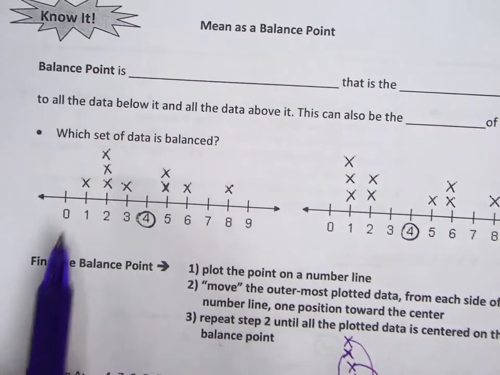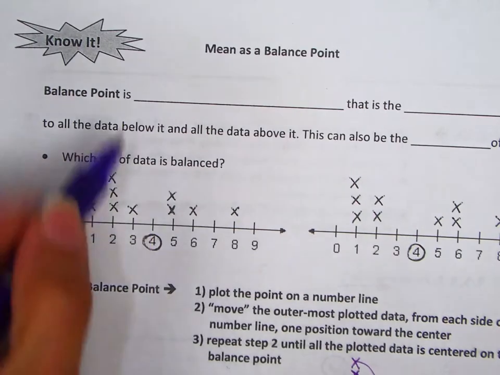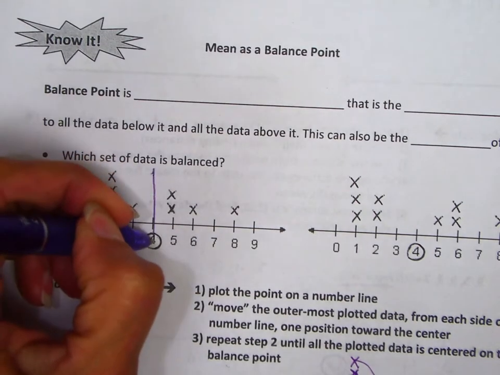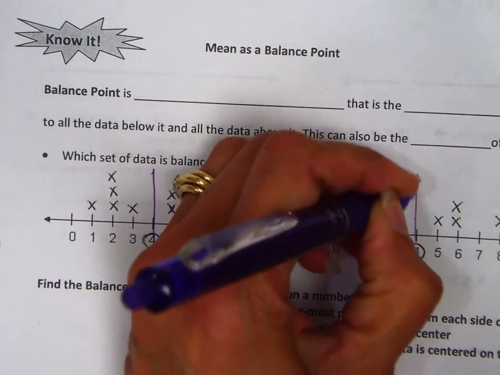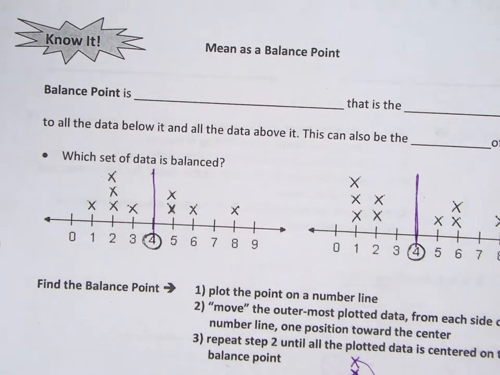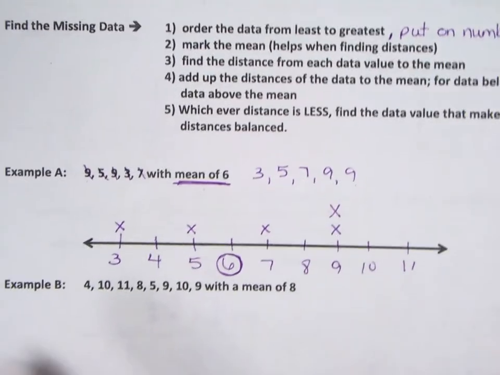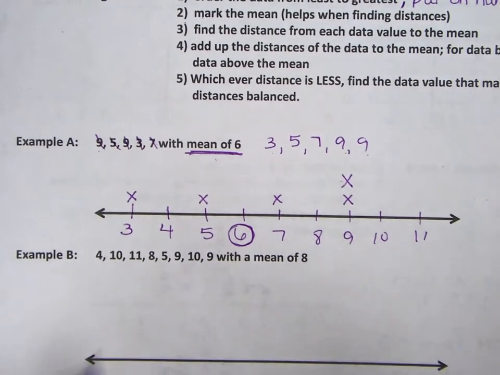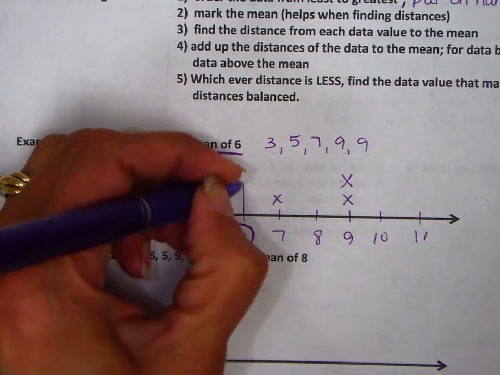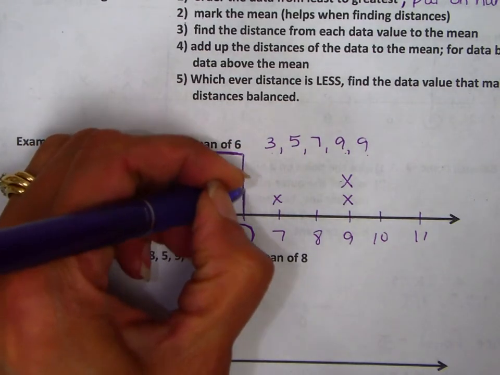And just like we did for this part, where we had to find the distances to the mean, or the balance point, we're going to do the same thing. So let's do that with our example. Let's find the distance to this mean.